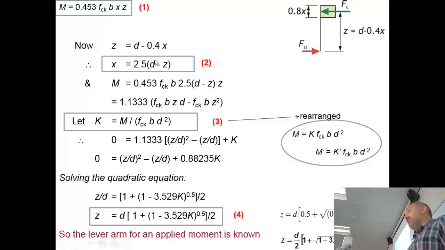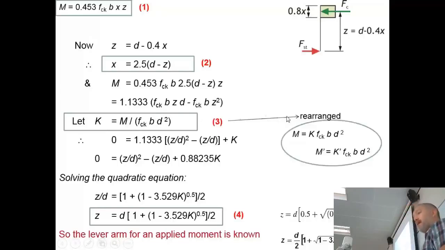So your x is 2.5 times (d minus z). And when you rearrange this formula, you can take out a value of k. So what they've done, they've taken this formula here, and then taken out this M over fck b d squared, so that you let K equal that.